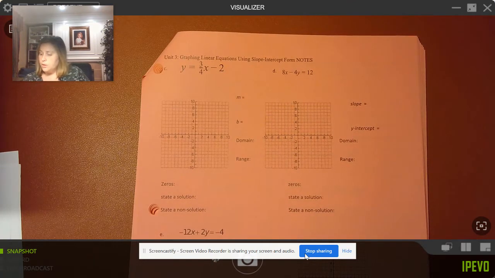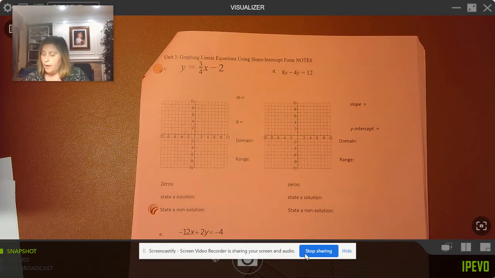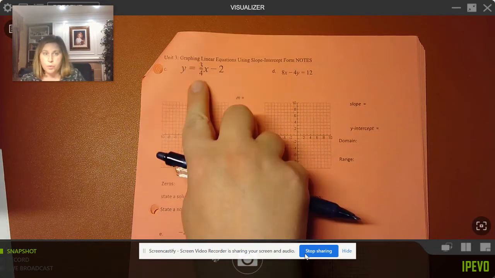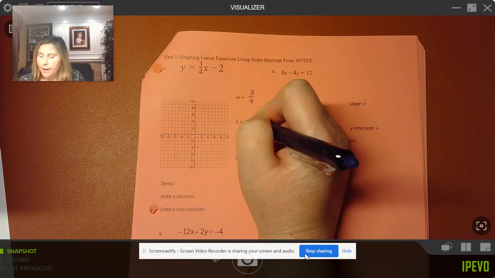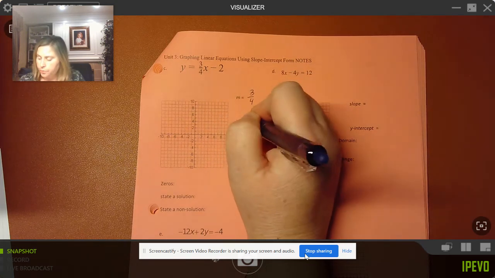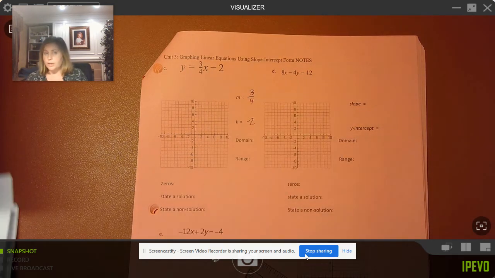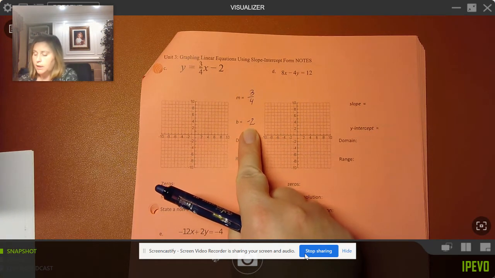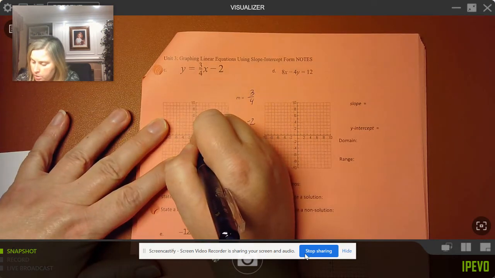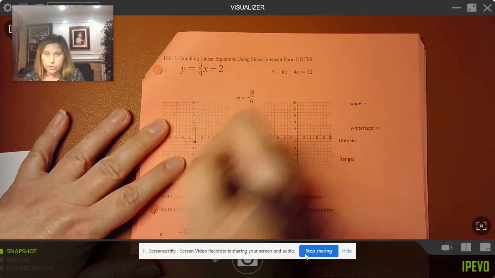Graphing linear equations, next we have y equals 3/4 x minus 2. So our slope is 3/4, m equals 3/4. Our y-intercept is -2. Okay, so then I can go ahead and graph that line. I want to start at my y-intercept. Remember, my line crosses the y-axis at -2. So there's my y-axis. There's -2.